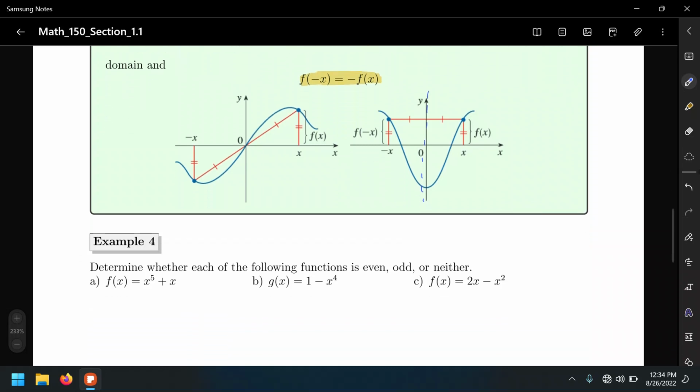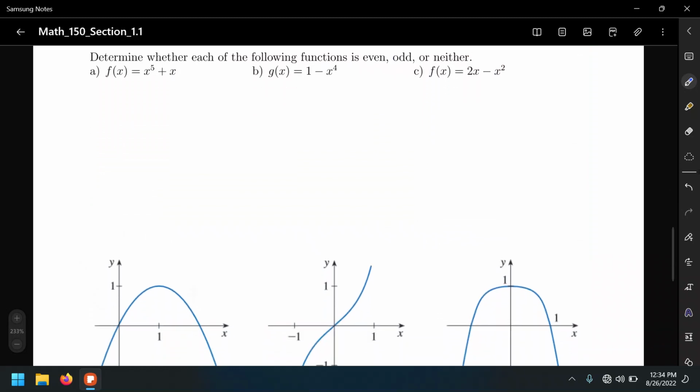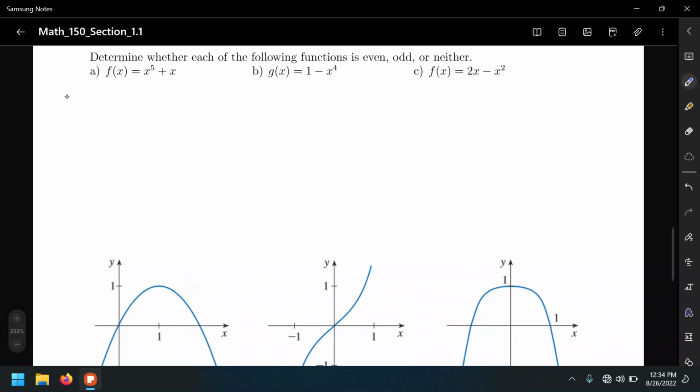And algebraically, let's determine whether each of the given functions is even, odd, or neither. To begin with, f of -x: whenever we see the letter x, we replace it with -x to the 5th.